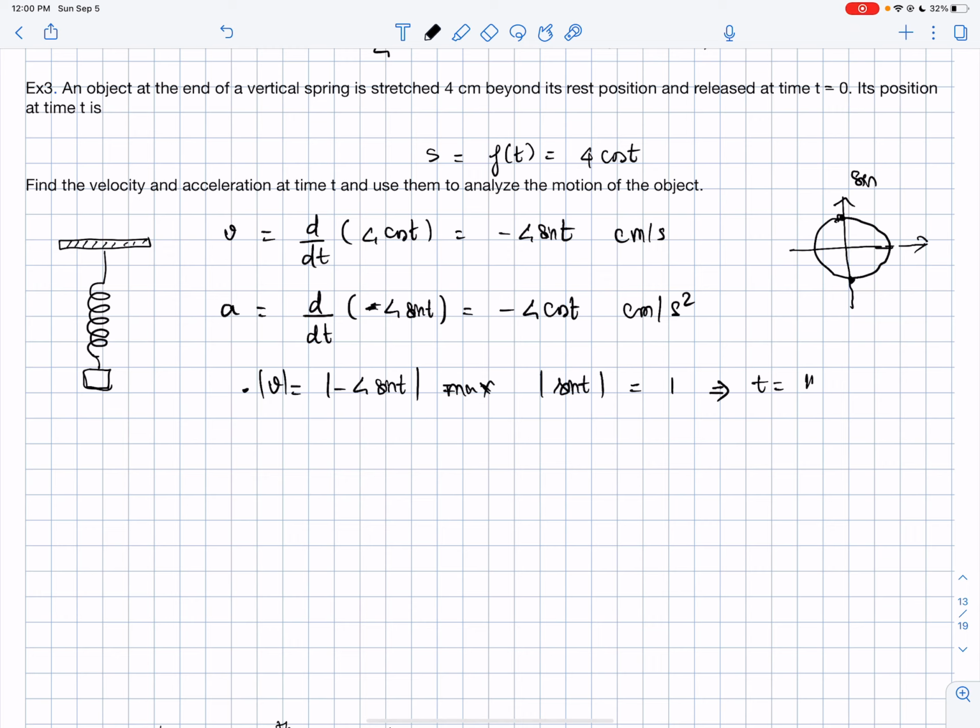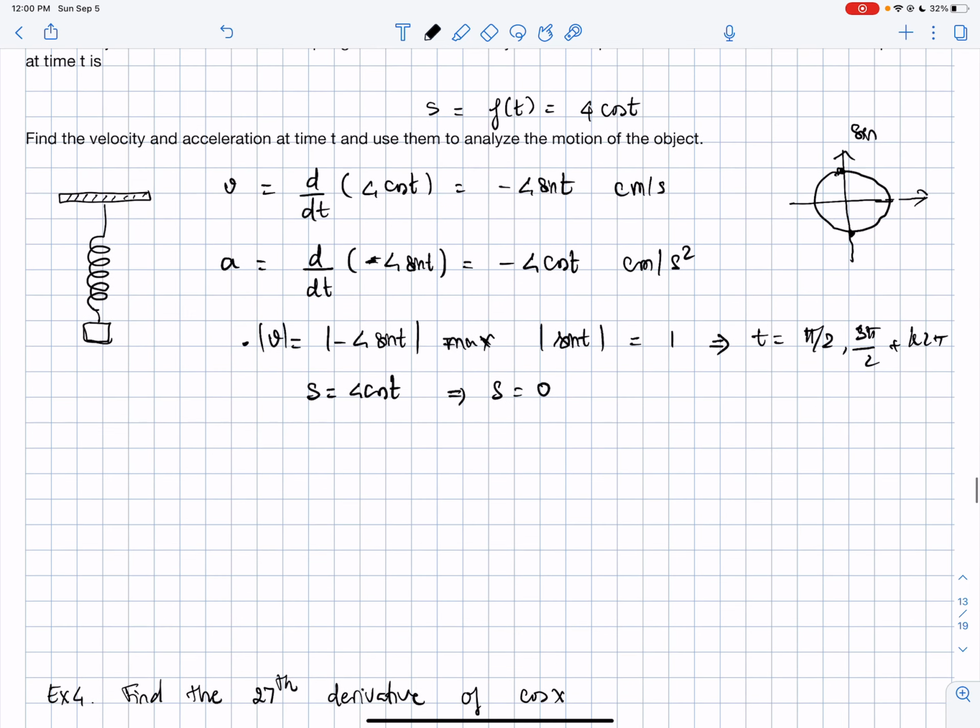Then t has to be pi over 2 or 3 pi over 2 plus k 2 pi. And at those 2 points, the cosine is 0. So s is 4 cosine of t, and t at pi over 2 and 3 pi over 2 make cosine 0. Then s is 0. So v max gives s 0.